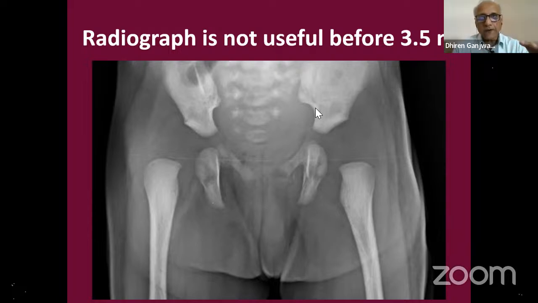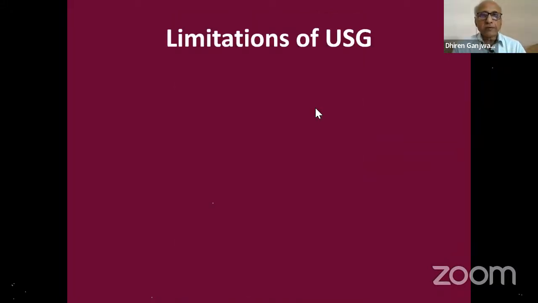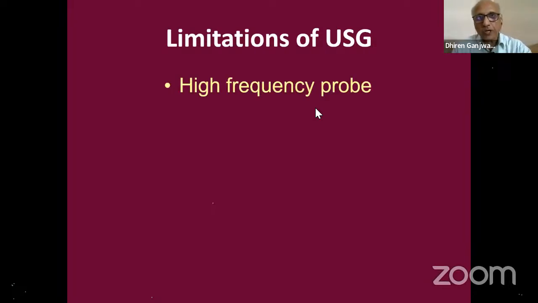So radiograph, yes, it's easily available everywhere. It's not reliable for the initial few weeks or months of life. Sonography is definitely a very useful investigation. However, in India there are limitations: for sonography of the hip joint, we need a high frequency probe. We cannot use the probe which we use for sonography of the abdomen.